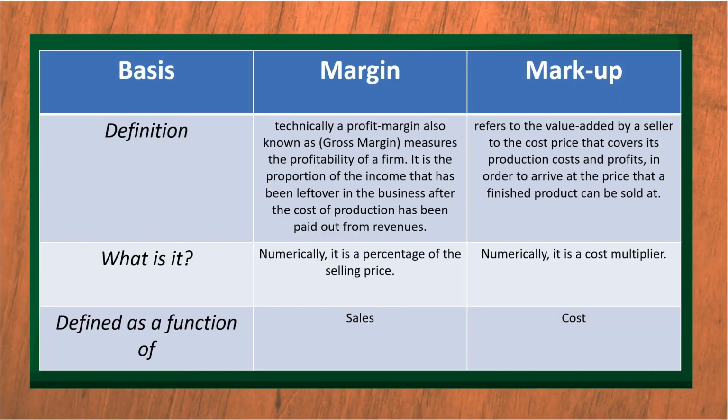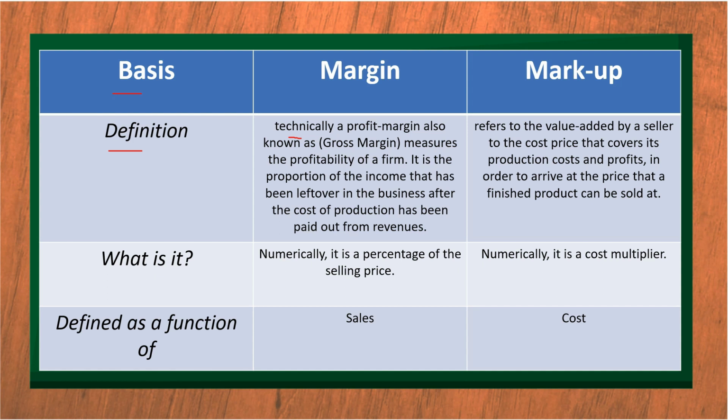The table represents the comparison between margin and markup. In the first column, it states the basis for the different comparison. Let us start with the definition. Margin, technically a profit margin, also known as gross margin, measures the profitability of a firm.